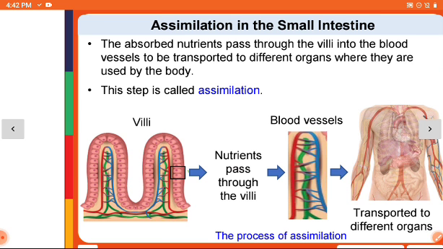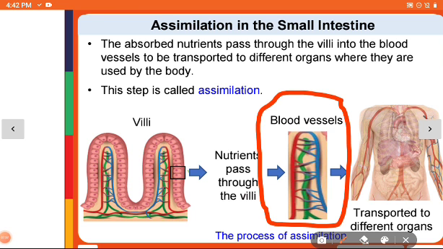After the blood vessel, it transports them to different organs, toward whichever organ needs this blood.